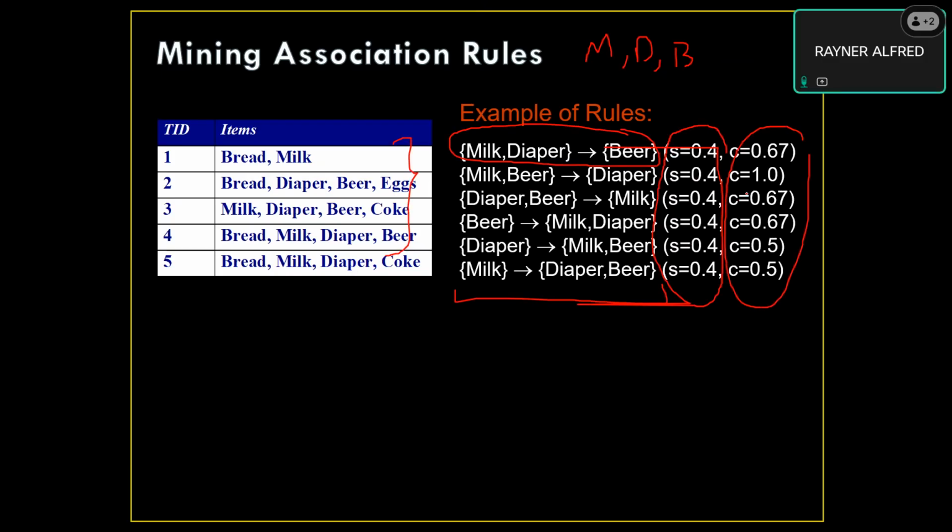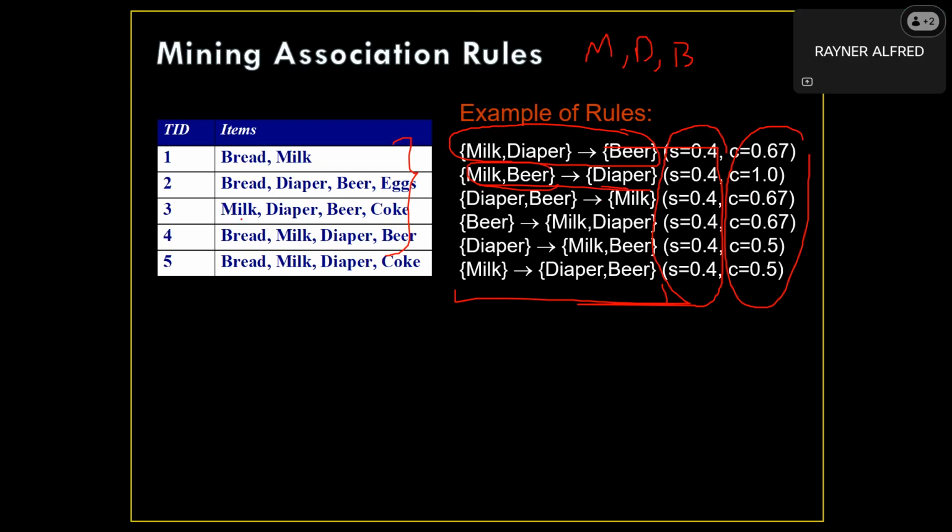If you look at it, the higher the confidence, the stronger they are. So this is one. For the confidence, we are looking at every time you have beer and milk, how many times you get the diaper here.